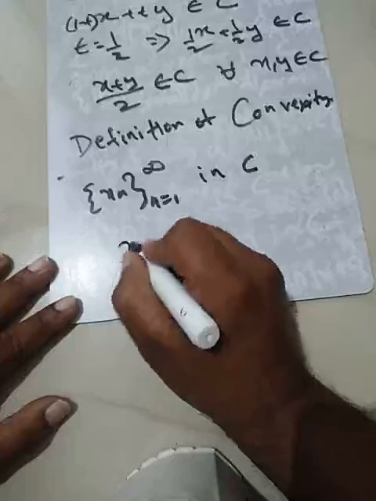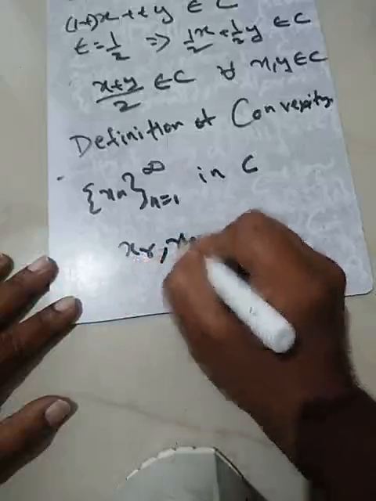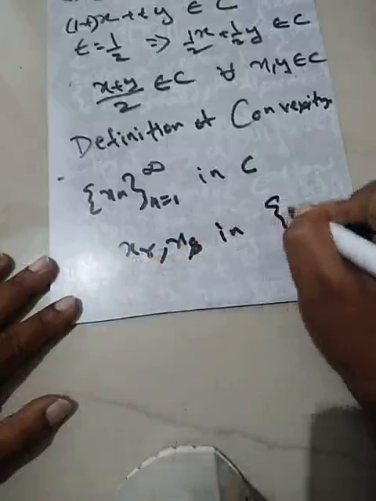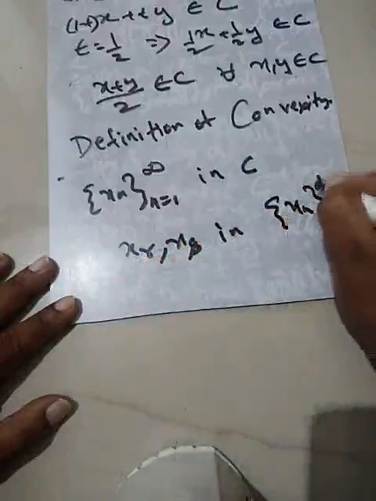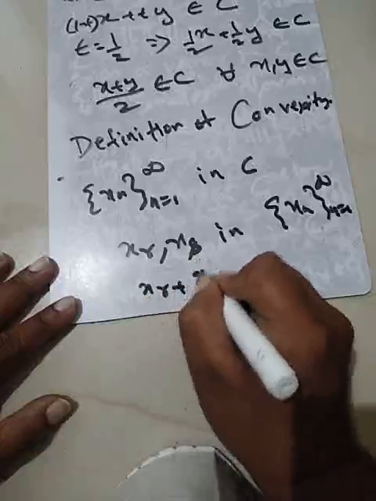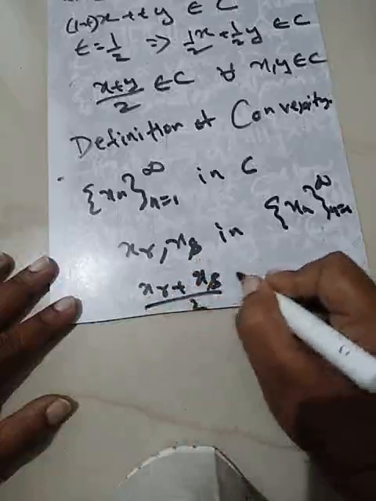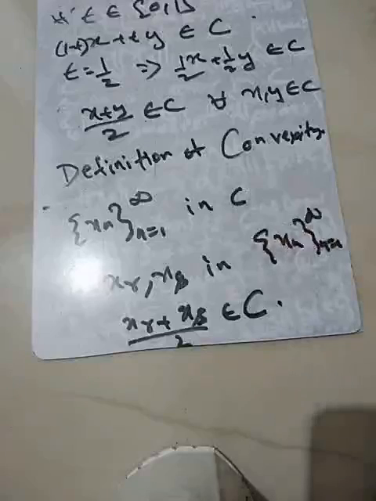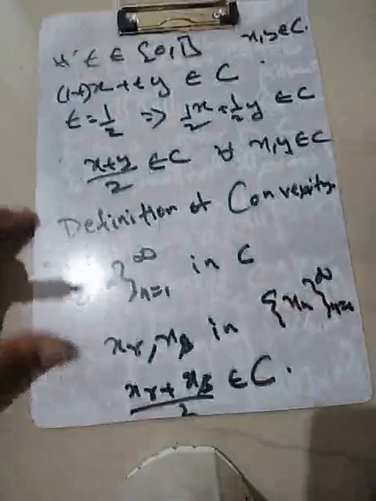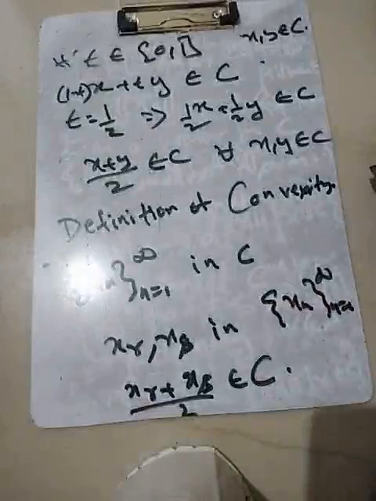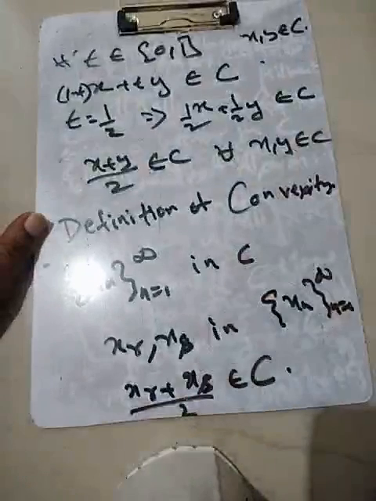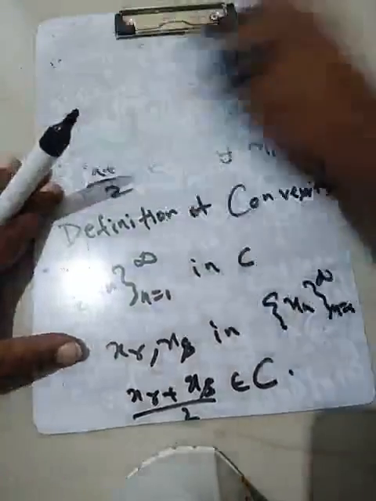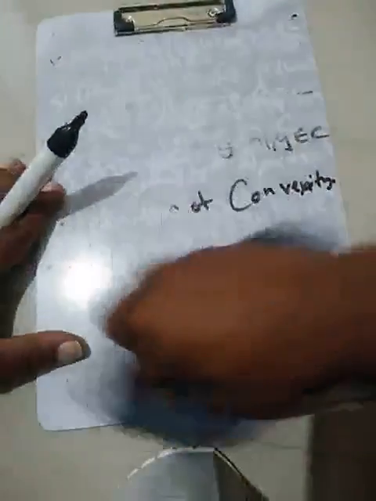So suppose xr and xs are in the sequence, then (xr plus xs)/2 also belongs to C, because these are elements of the sequence and this sequence is a subset of C. So if you add and divide by 2, the scalar half multiple of this is in C. So let's take, say, xm and xn of the sequence, which is also in C.